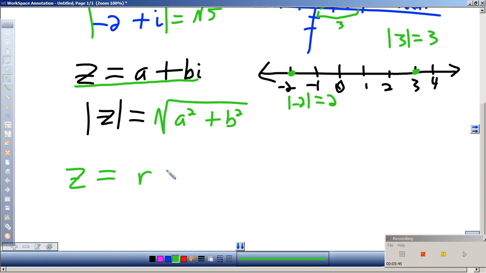r cosine of theta plus i r sine theta. Very good. The amount in the x direction plus the amount in the y direction. So we've got x plus iy.